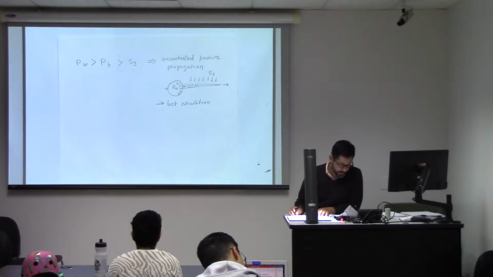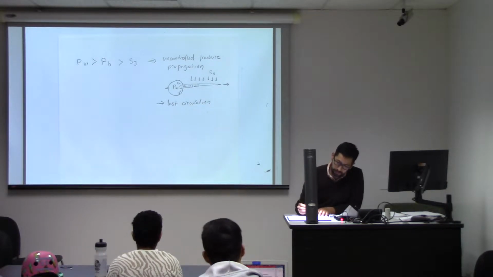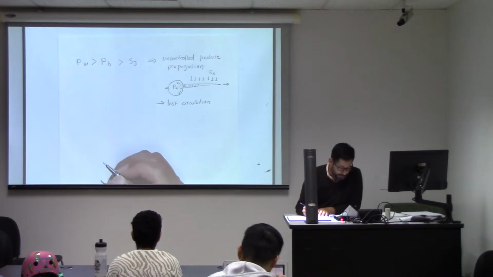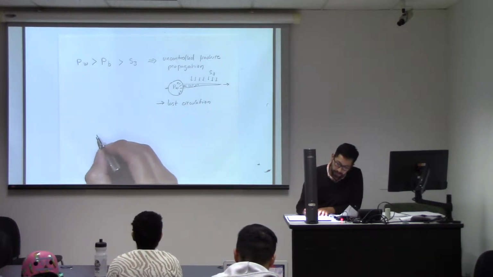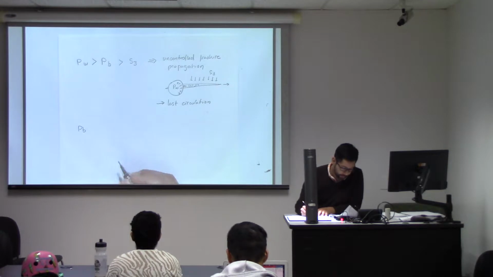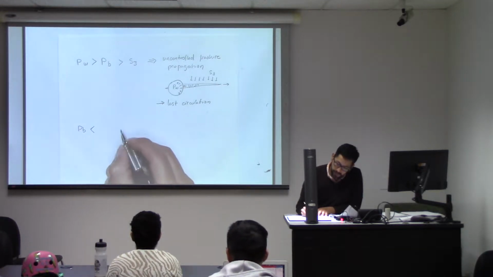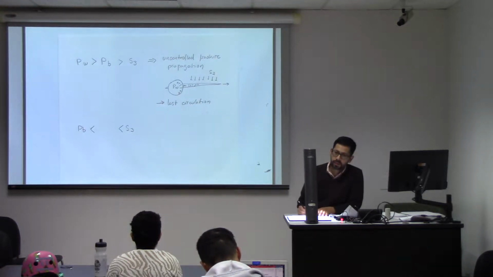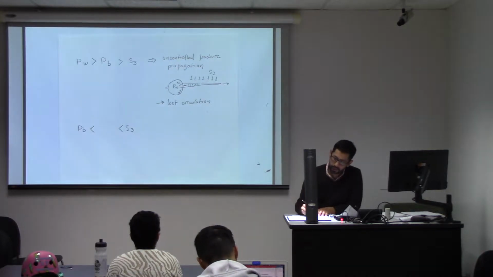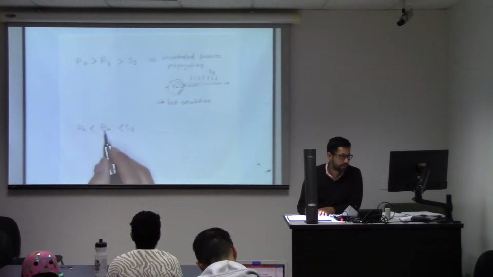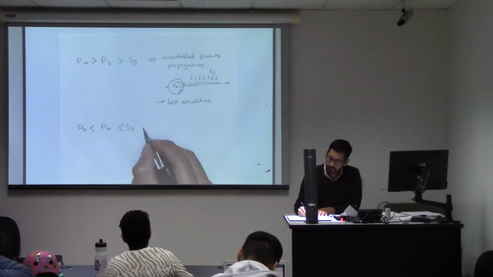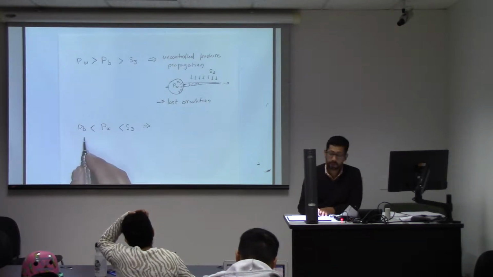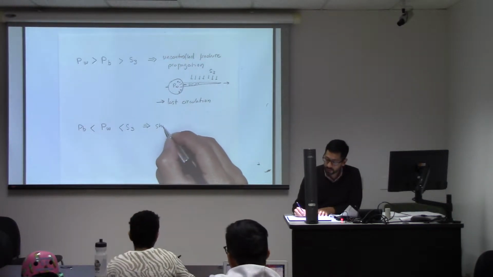However, there is another case. If you calculate a value PV that is smaller than your minimum principal stress, and somehow you get at one point to drill with a pressure PW which is higher than PV but smaller than S3, because PW is higher than PV, you're going to cause a tensile fracture.